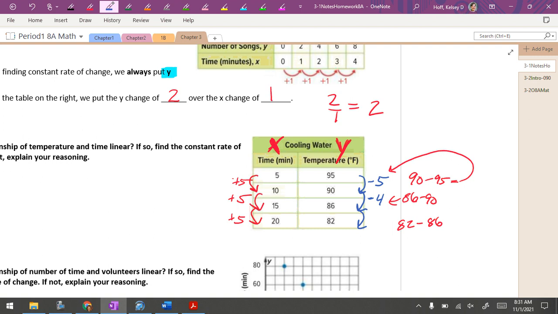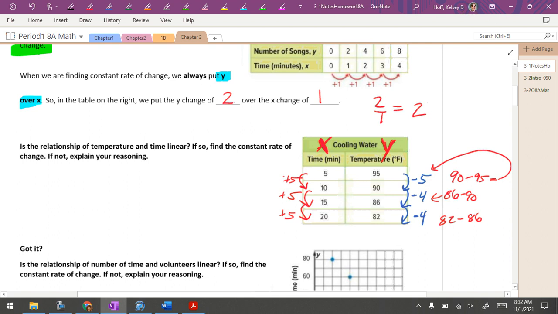Guys, are you typing this in or are you guessing? Because if you're guessing, you're not helping yourself. You're not helping anybody around you. It's important that you know if it's negative or if it's positive. It's fine to use your calculator.